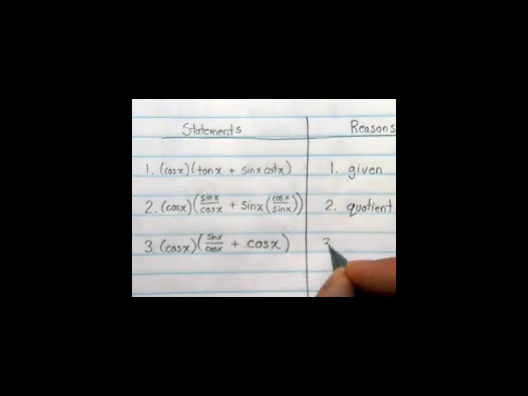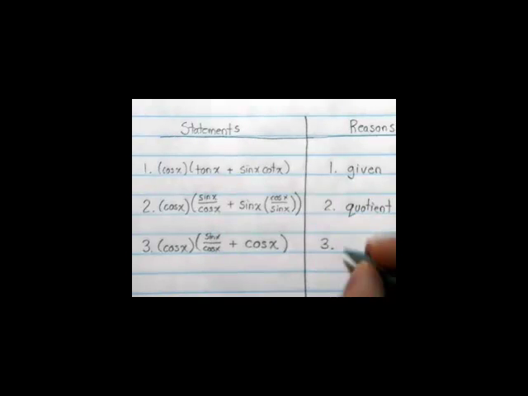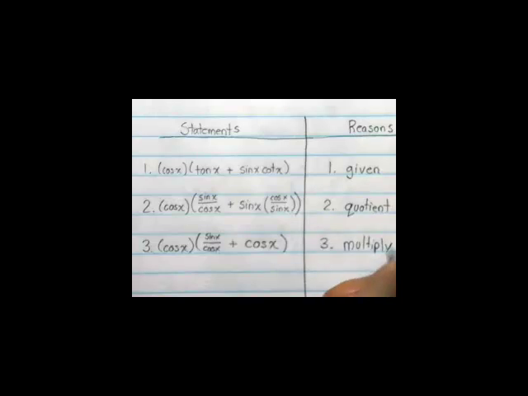Okay, now that wasn't so much an identity, right? Doing that step, what exactly did we just do there? We multiplied, and then through multiplication we simplified it, right? So ultimately, the reason is going to be multiplication. Okay.